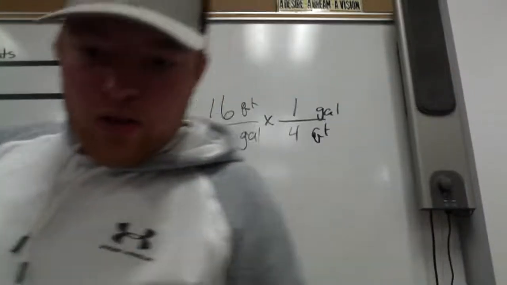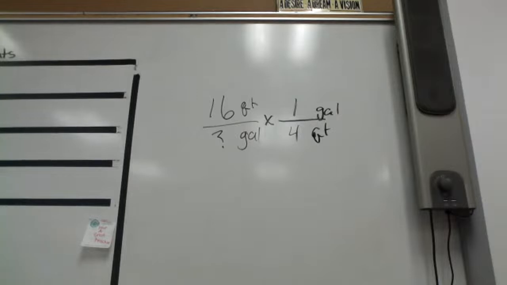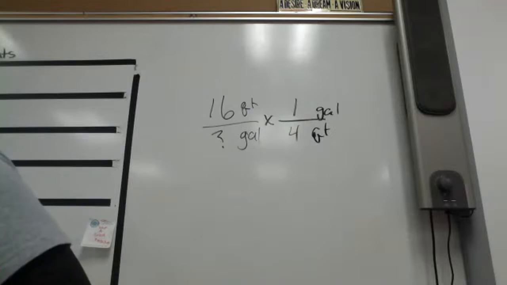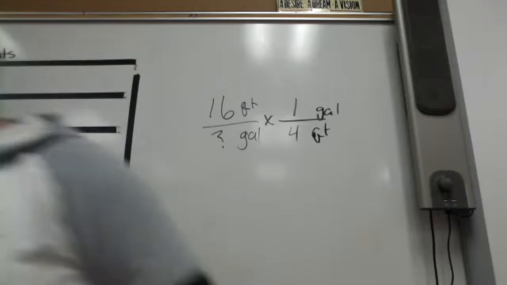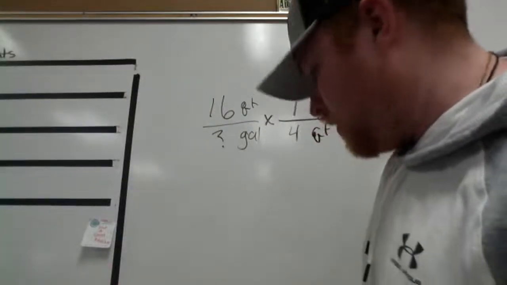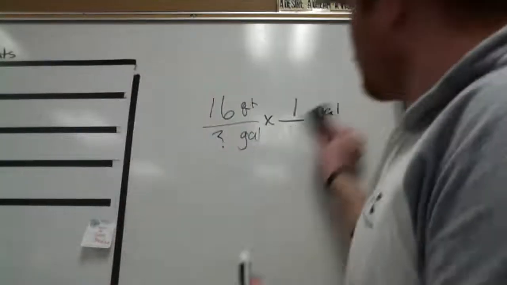8.2, number 28. So that one, you still do the same thing, Kendra. You just have to cross multiply and divide.